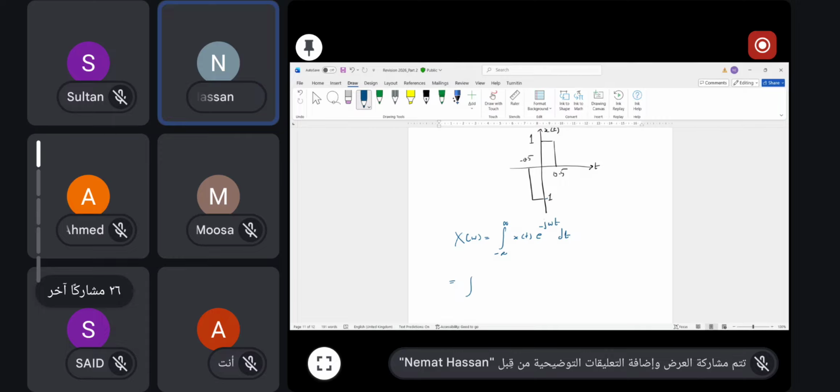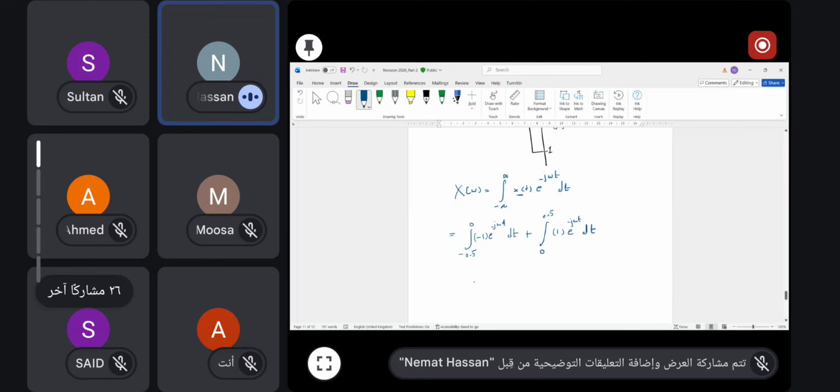From minus 0.5 to 0, x of t is substituted by minus 1, so minus 1 times e power minus j omega t with respect to t, plus the second range from 0 to 0.5 of 1 e power minus j omega t dt. And then all you have to do is just substitute.